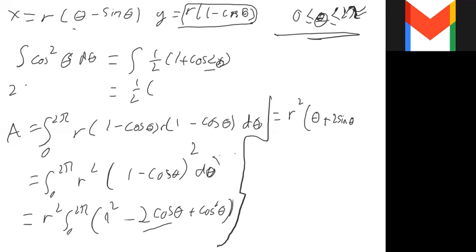Let's let 2 theta equal u. du d theta would be, you guessed it, 2. Okay, so this means that du will be 2 d theta, so du over 2 equals d theta. That's what we want to substitute here for the d theta.